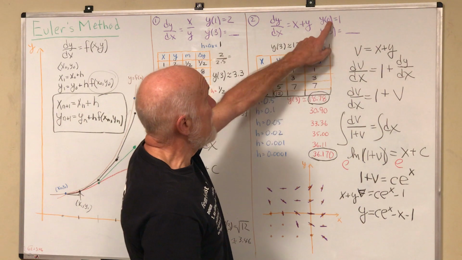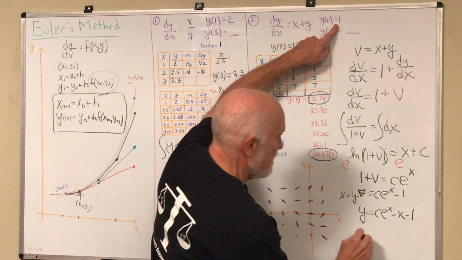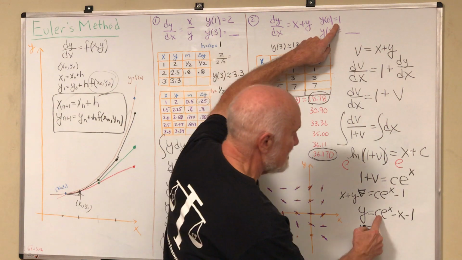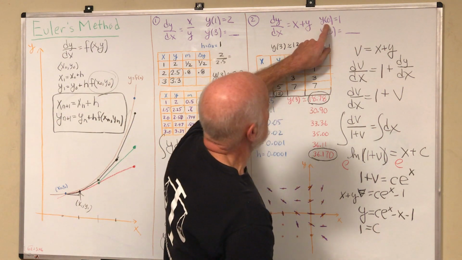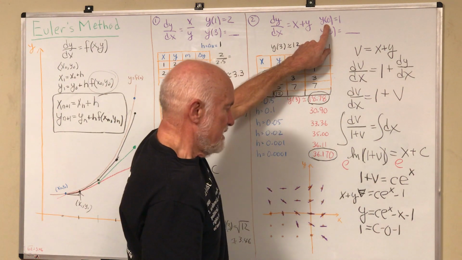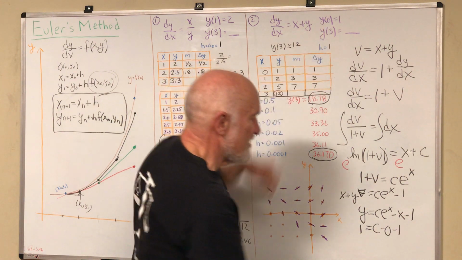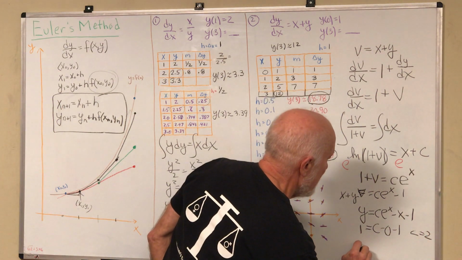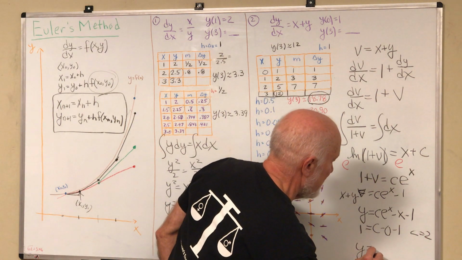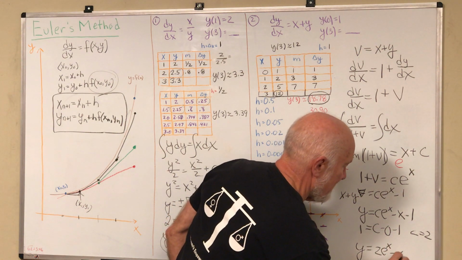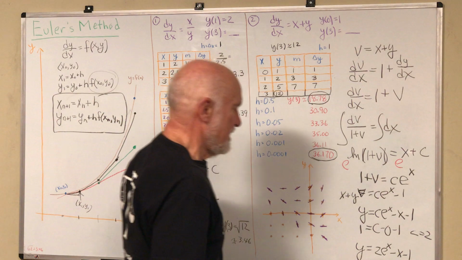And now I can put in my initial condition. 1 equals c e to the 0 minus 0 minus 1. So c is going to equal 2. So your final solution is y equals 2e to the x minus x minus 1.